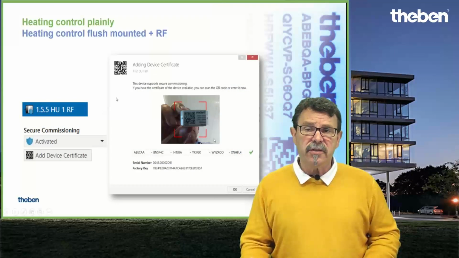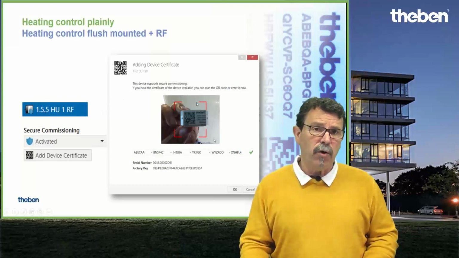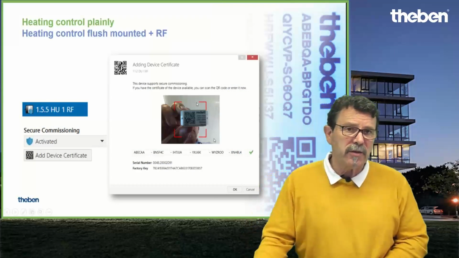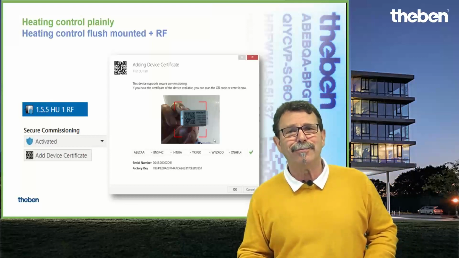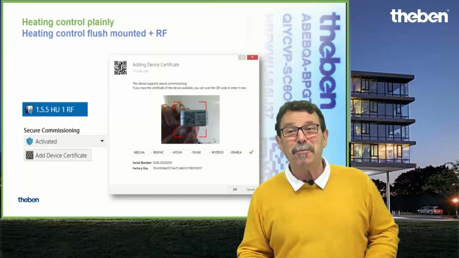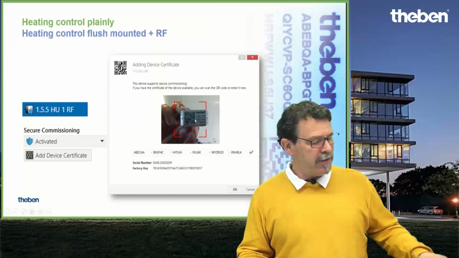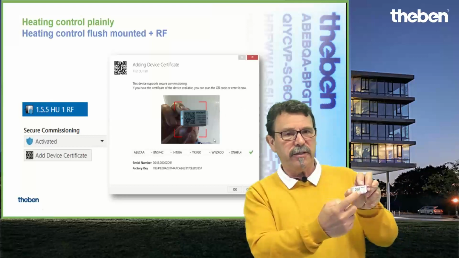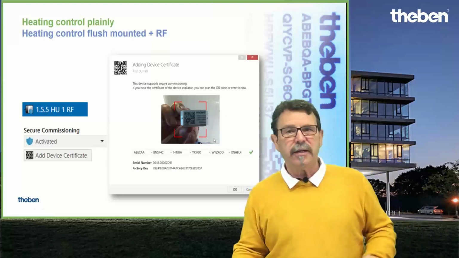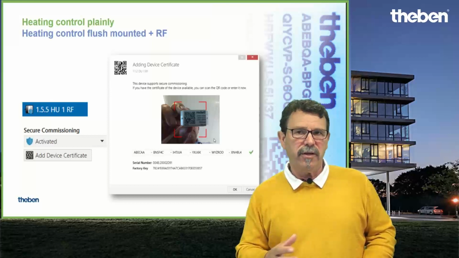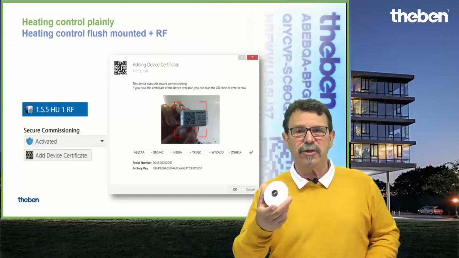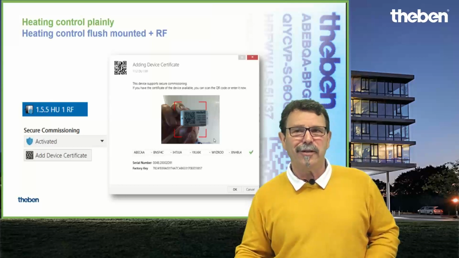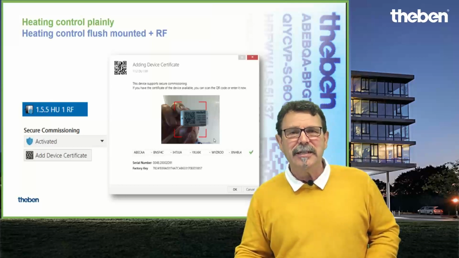That means, to be mentioned, all our flush mounted actuators and some more prestigious products are meanwhile equipped with KNX Secure. You just have to take this QR code, which you find on all of our flush mounted actuators, on the Eon temperature controller, and in the future on our brand new sensor.